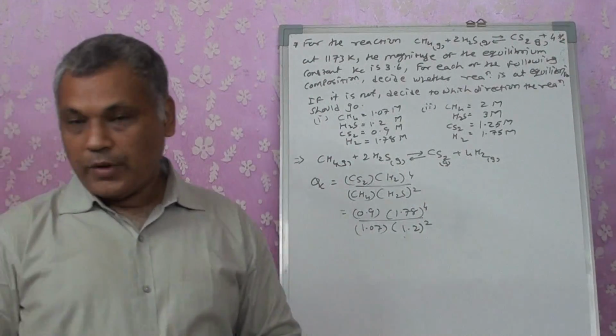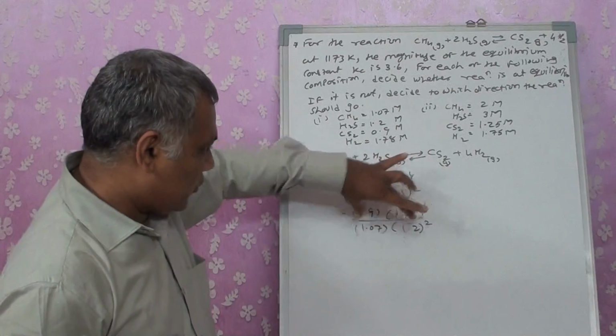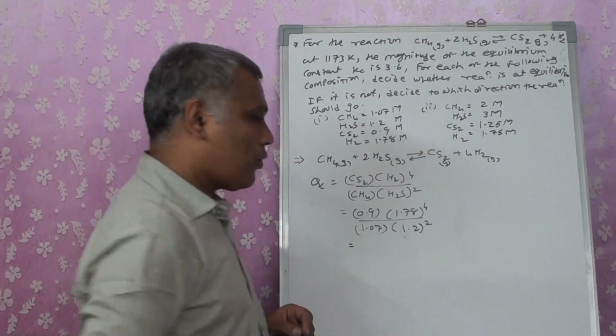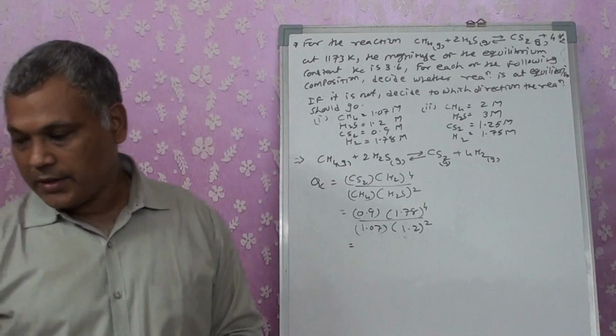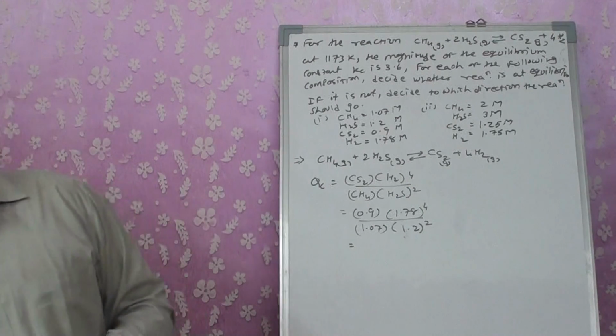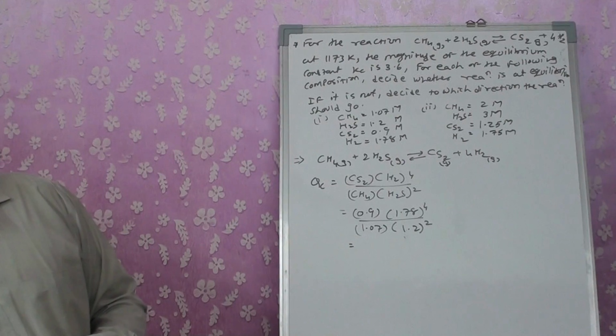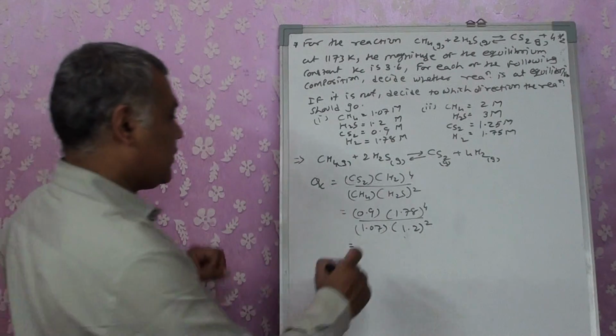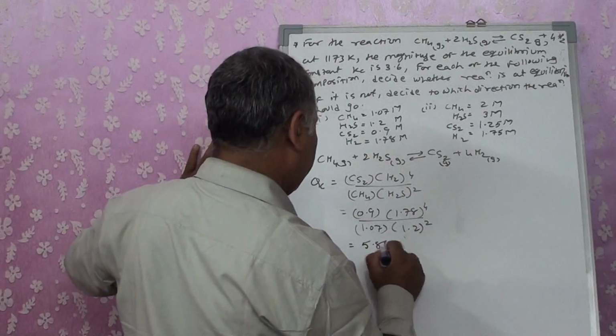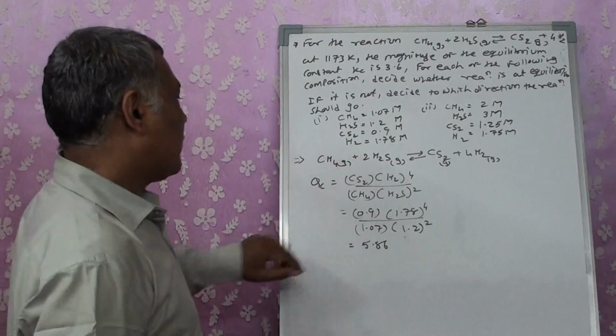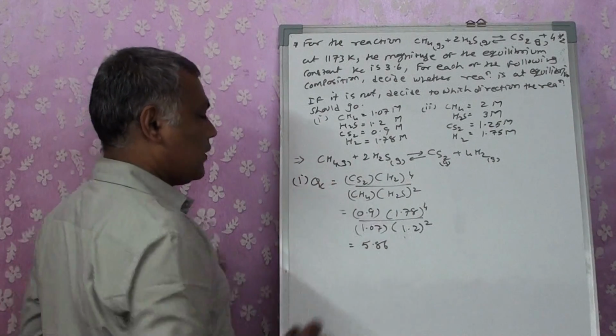Now as I already told you, this answer you are going to get by doing the calculation. You will get the answer as 5.86. When I did the calculation, I got the answer as 5.86.